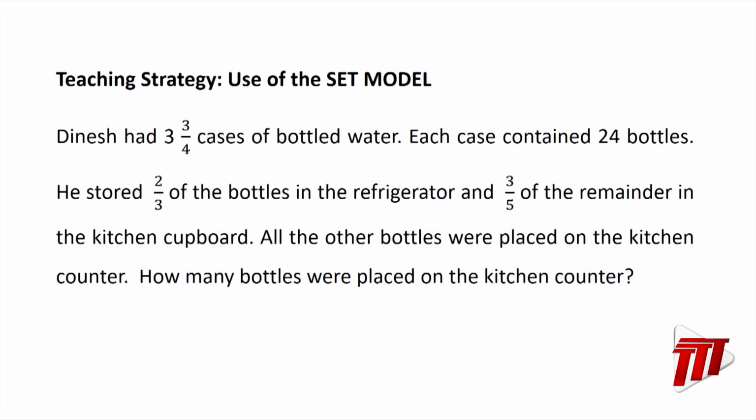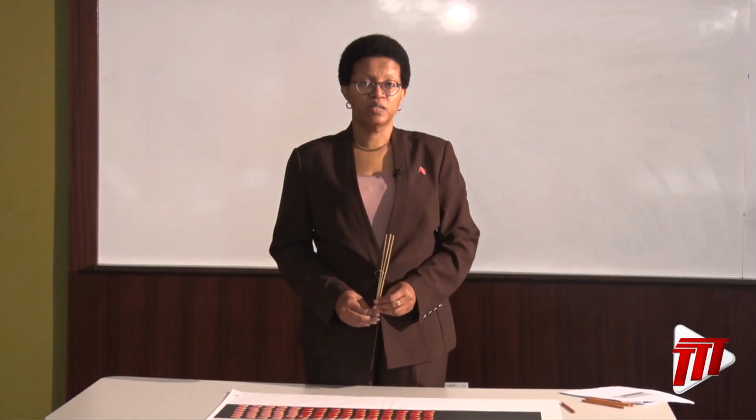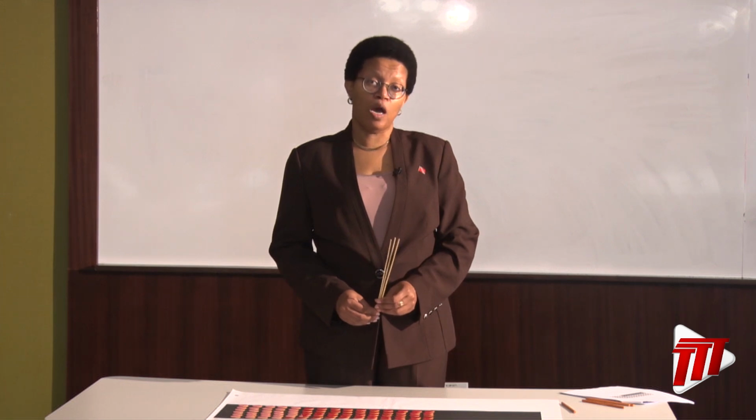With our set model, the resource we are going to use would be counters. We said that there were 3 3/4 cases. Each case had 24 bottles. We've set them up where each counter represents a bottle.